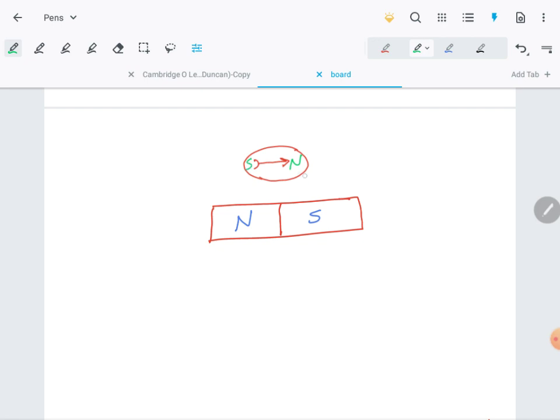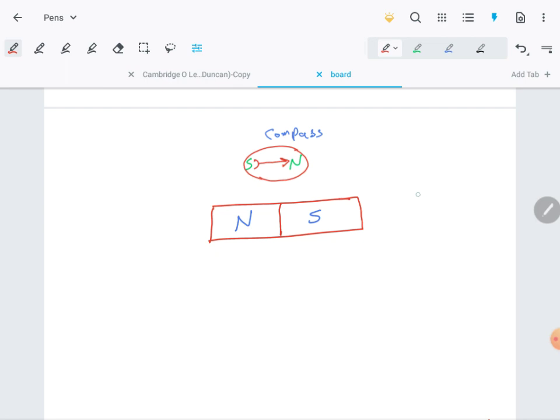And we know that different poles attract each other, and like poles repel each other. So this is the correct situation of the compass here.